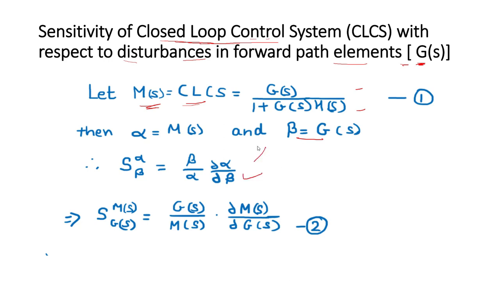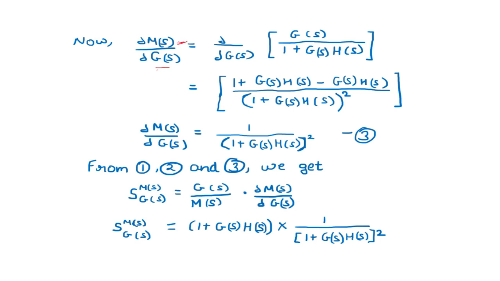Here we will put all the values of alpha and beta. So we get sensitivity is equal to GS upon MS and then partial differentiation of MS with respect to GS. So first we will calculate this thing and then we will put the value of this here.